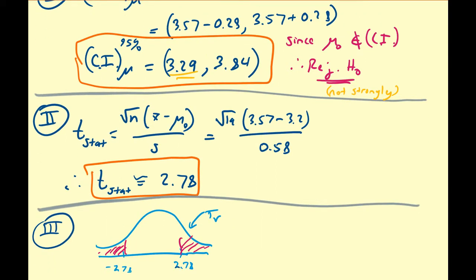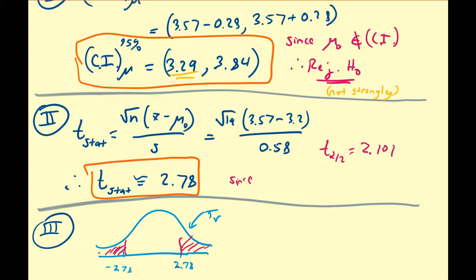All right, so now let us look at the test statistic value. Recall that the critical value t alpha over 2 is equal to 2.101, and this is what we use to calculate the confidence interval.